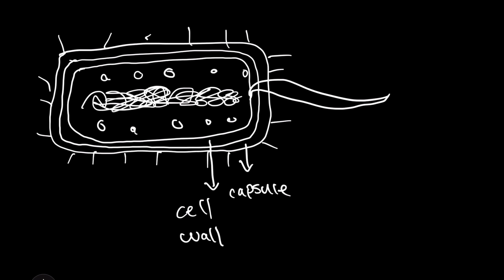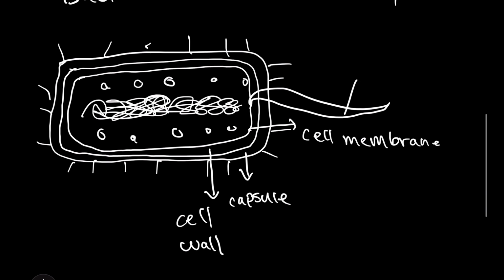Now, the bacterial cell wall is a bit complicated, so I'll show you this after the cell membrane and the rest of the bacteria. The cell membrane is located here. This is a flagellum.